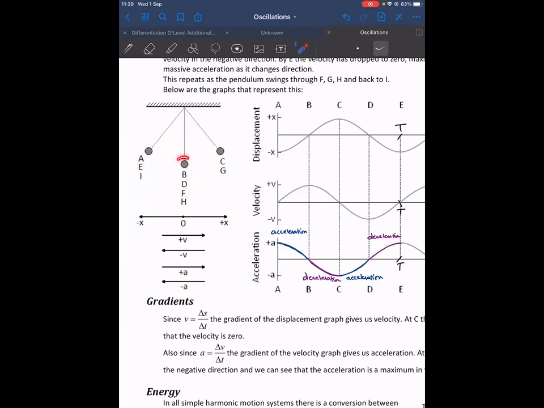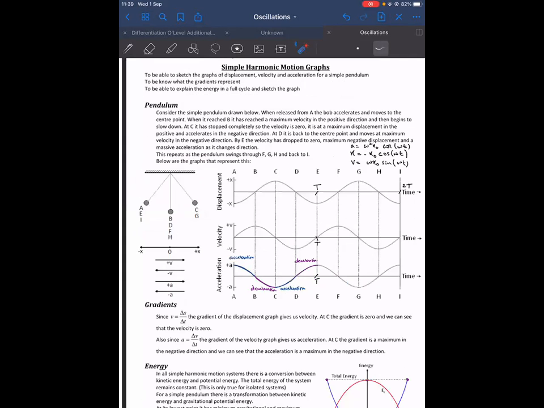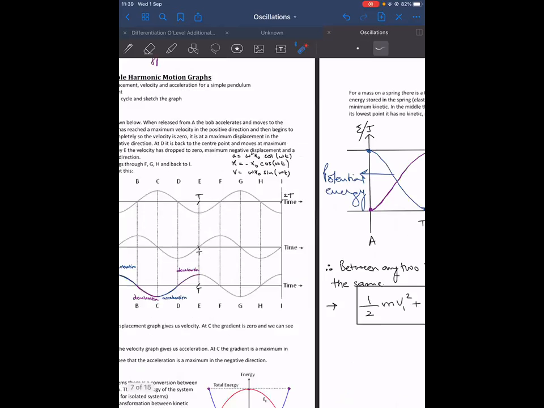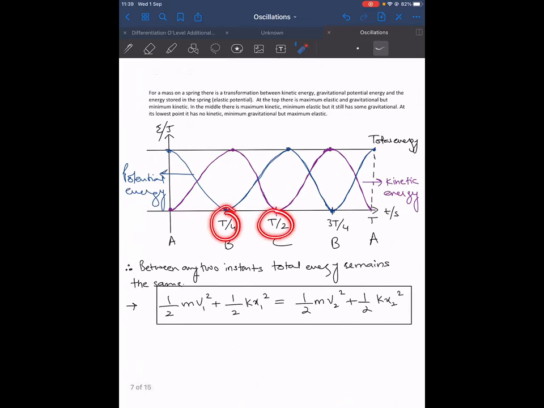So when you are at B, the time is 1/4 of the time period. When you are at C, that is half of the time period. And again, back to B, that's 3/4 of the time period, and back to A, it's going to be T. One value, that's time period. ठीक है, तो यहाँ पे B पे T/4, T/2, 3/4. यहाँ तक बात समझ आ गई आपको? जी सर, समझ आ गया.